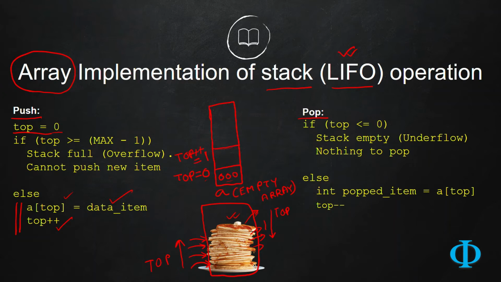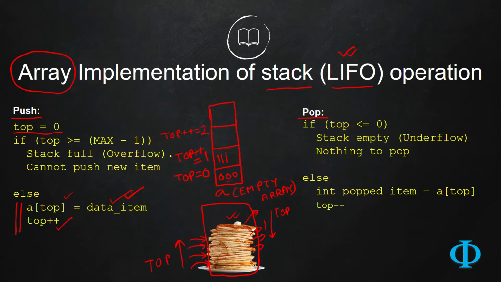Now whenever you want to push the next item, you again enter the data item at this index of top. Let's say I want to put 111. So the data item is placed at top and then top plus plus. That means top is incremented by 1, from 1 and it became 2.